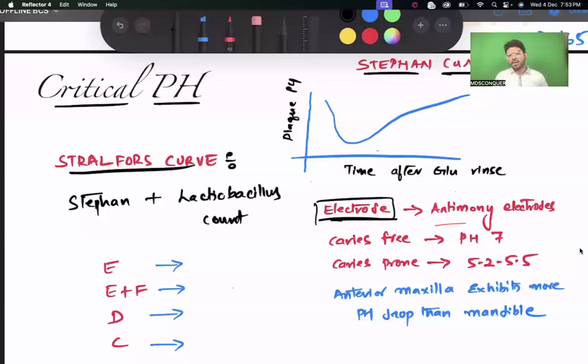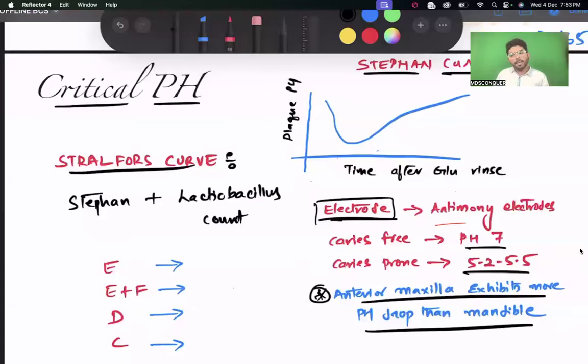The type of electrodes that are used in Stephen's curve is antimony electrodes. Caries free, you're familiar that the pH is going to be around 7. In the caries prone individuals, it is critical pH that is 5.2 to 5.5. Very commonly repeated, so many times given in the exam. The pH drop, anterior maxilla exhibits more pH drop than the anterior mandible. The pH drop will be more in the maxilla when compared to that of the mandible.